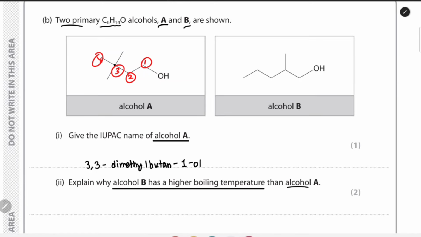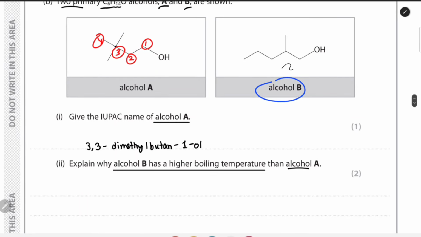If you see the difference, the formula are the same. The difference is that alcohol B is more of a straight chain than alcohol A, which has a lot more branches. If something is straight chain, the London forces between them will be stronger, so there is a greater intermolecular forces between them.